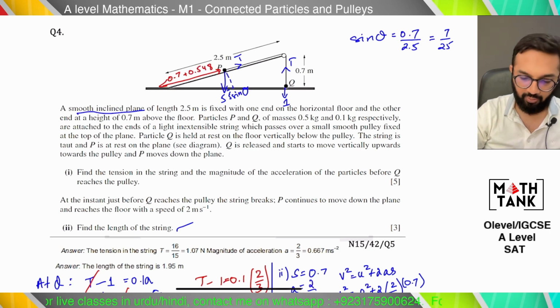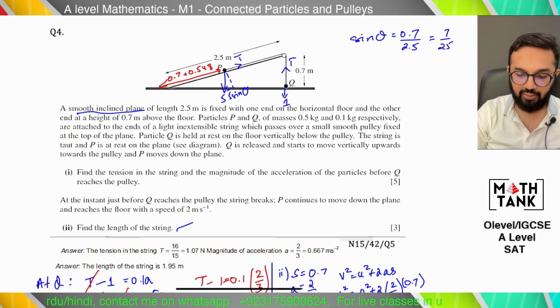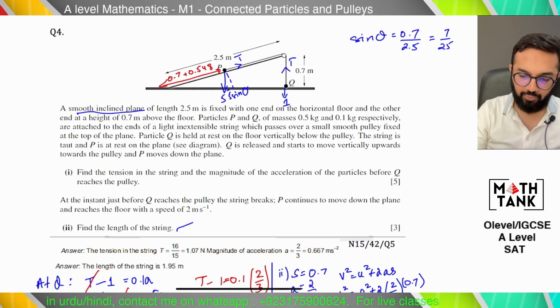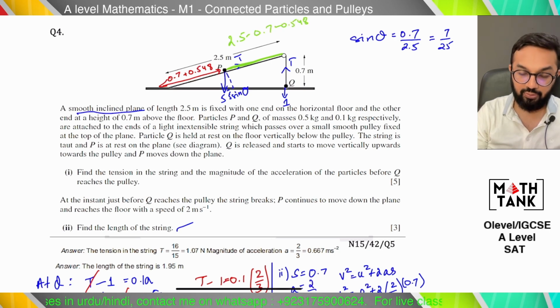That is the distance that it's going to travel before it hits the ground. So how much is left over in this part? This part has to be 2.5 minus 0.7 minus 0.548. So that is the string on this part.